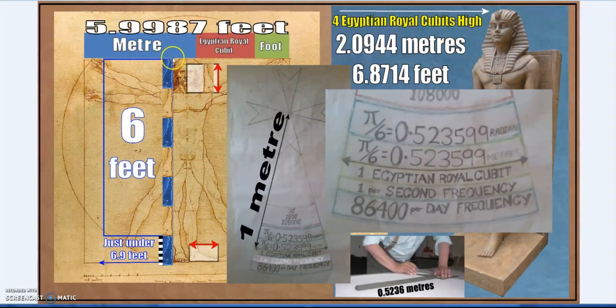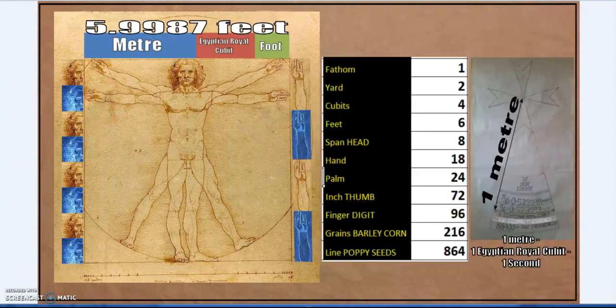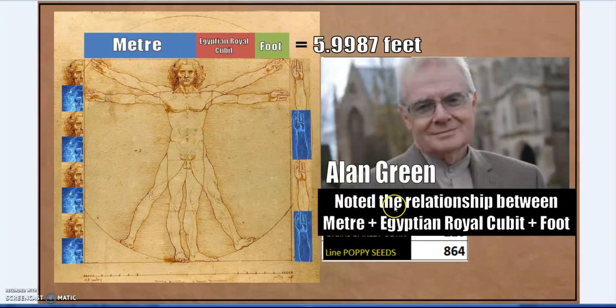This was put together now by, so again, the meter, the Egyptian royal cubit, the second, but also the foot. But 1 meter plus 1 Egyptian royal cubit equals 4.999 feet. However, Alan Green noted this relationship between the meter, the Egyptian royal cubit, and the English foot, and that is ever so slightly short. That's 0.396 millimeters difference.